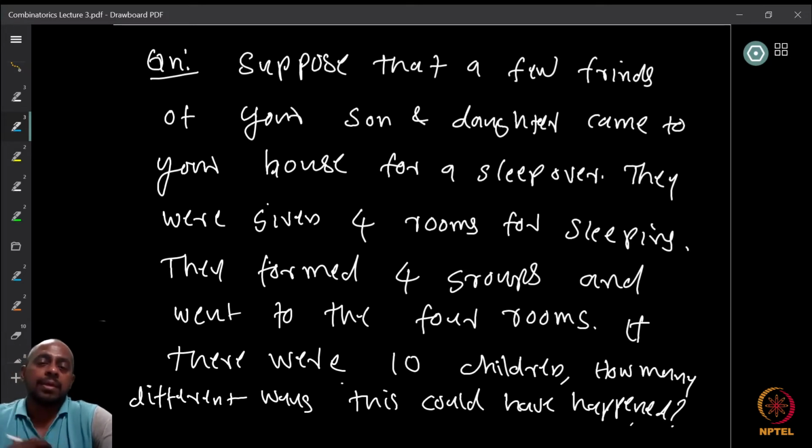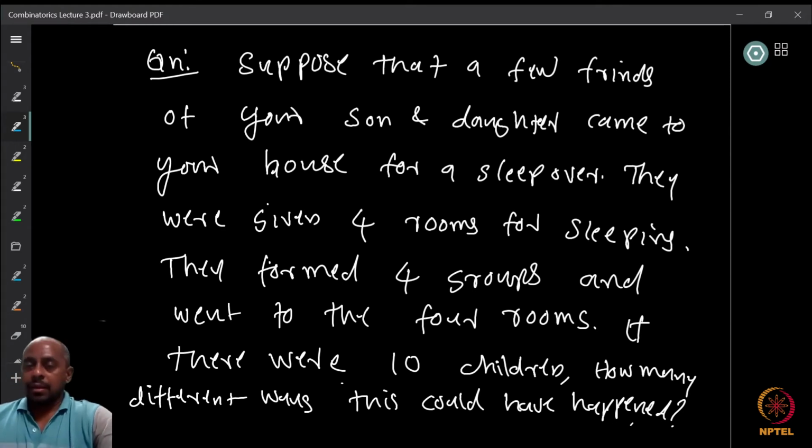Because depending on the children's preference, whom to group with, there could be many possible ways to do this. So how many different possible ways can this happen? How do you solve this?